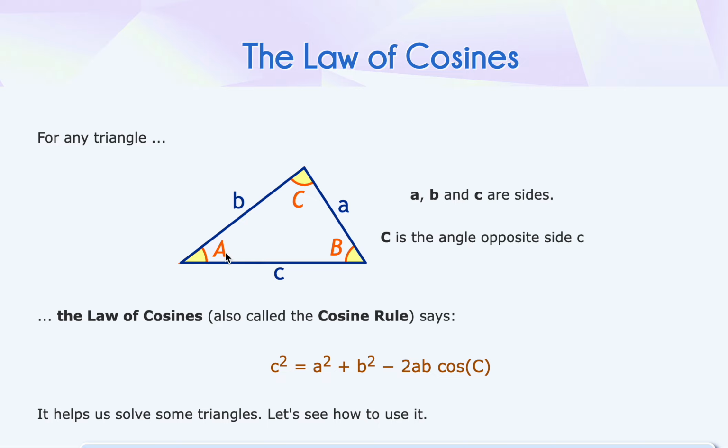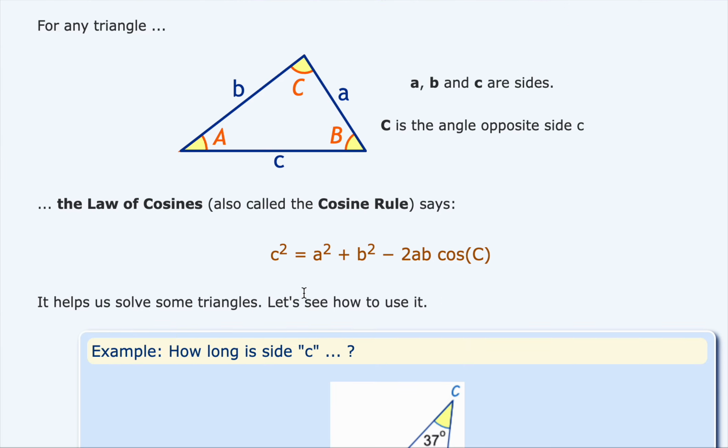So you need to know how to label your angles. You need to know how to label your sides. So we use lowercase letters for sides and uppercase letters for angles. The law of cosines is also called the cosine rule, which says that if you're trying to find this unknown side, then the square of that side is nothing but a squared plus b squared minus 2ab cos c.